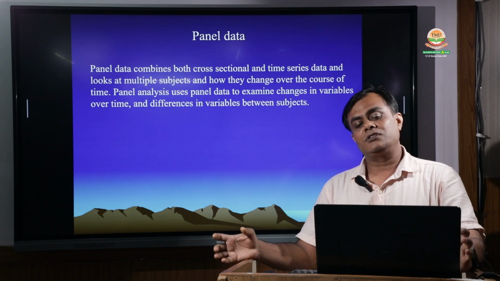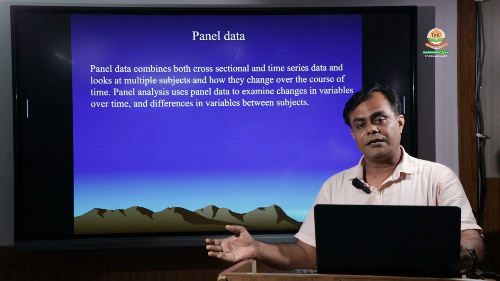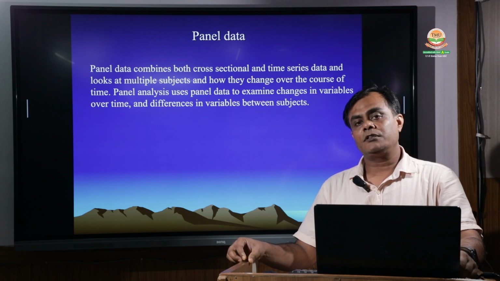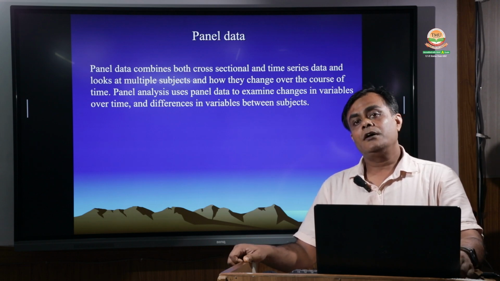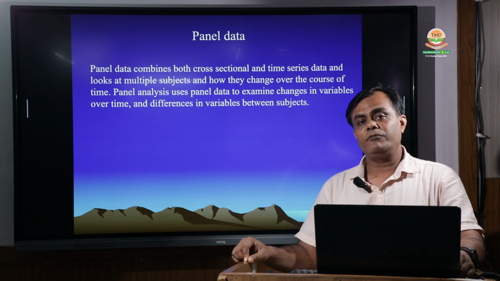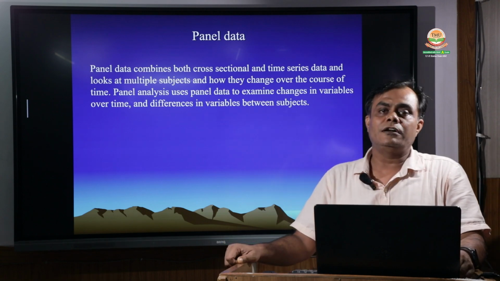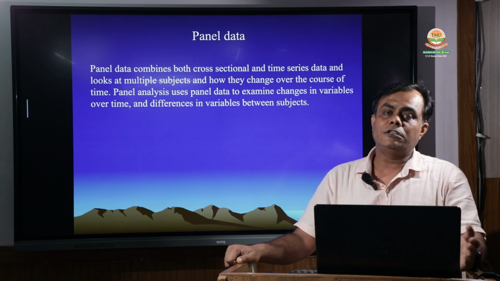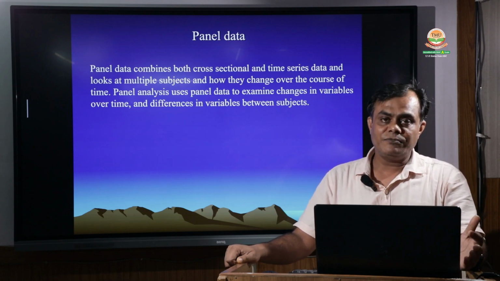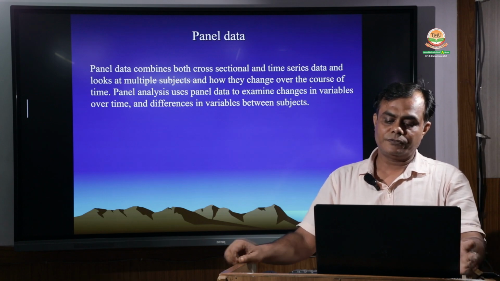So panel data is the combination of longitudinal data and cross-sectional data. In this we gather data on different time frame bases, as well as different sections of the data on the same time frame basis. Through this we can understand how data varies on the basis of time series or on the basis of cross-sectional base.